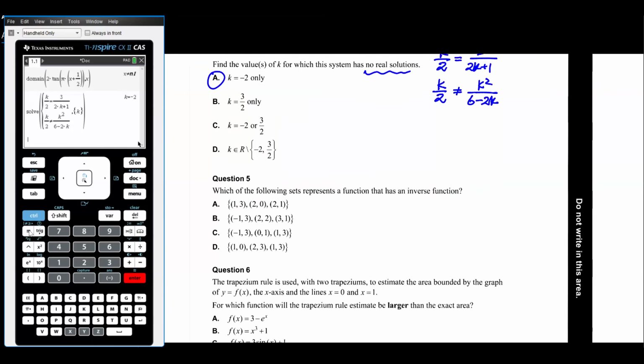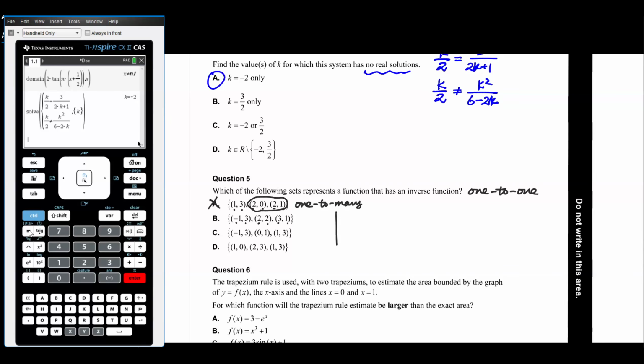Which of the following sets represent a function that has an inverse function? So we must have a 1-to-1 set. If you look at the first one, (1, 3) is a point. Then (2, 0), (2, 1). This means it's 1-to-many. It's not 1-to-1. The next: (minus 1, 3), (2, 2), and (3, 1).